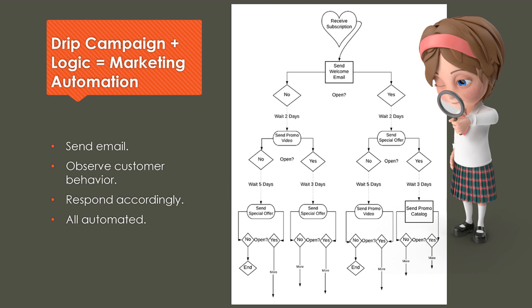But an $8,000 service or a $10,000 item, you should plan on communicating over a good period of time to get that person in line with what you're trying to get them to do. And obviously, you're going to be testing these things over time. So, once you set up a drip campaign with logic, and it takes some time to set this up, then you might go in and say, oh, wow, my send special offer.